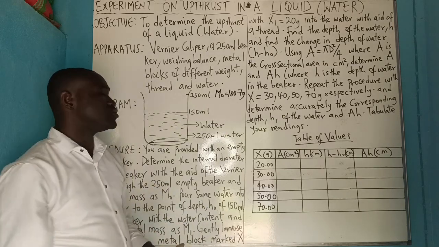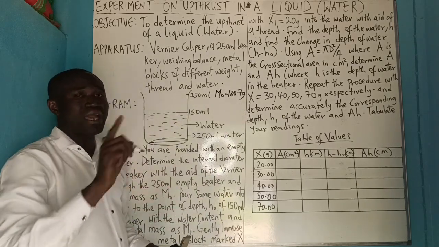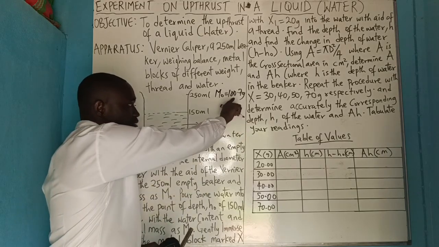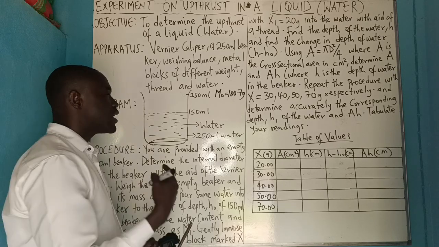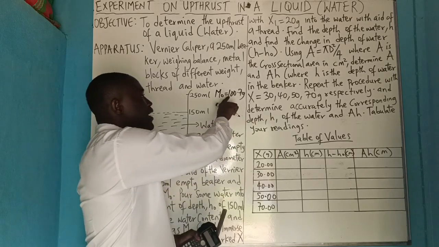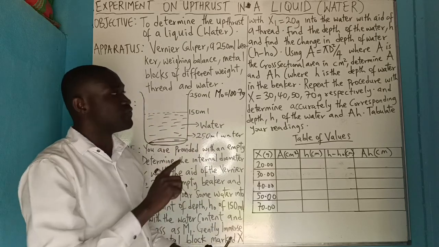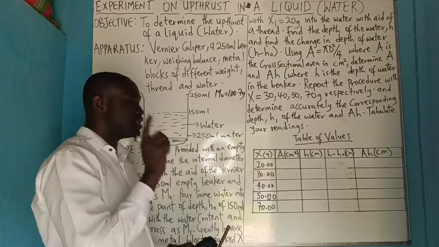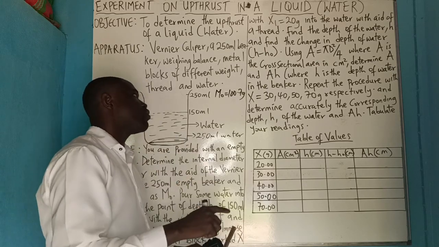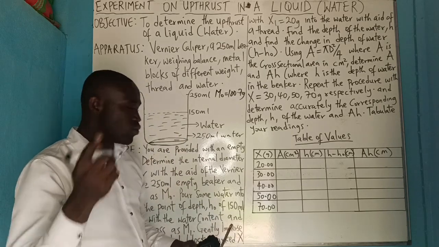To get the weight, you divide it by 1000, then multiply it by 9.8. That will be the weight. This is just the mass you get with a chemical balance or beam balance. So when you get the mass in gram, divide by 1000 so it goes into kilogram, then multiply by 9.8, and it will be in newtons. That is the weight.